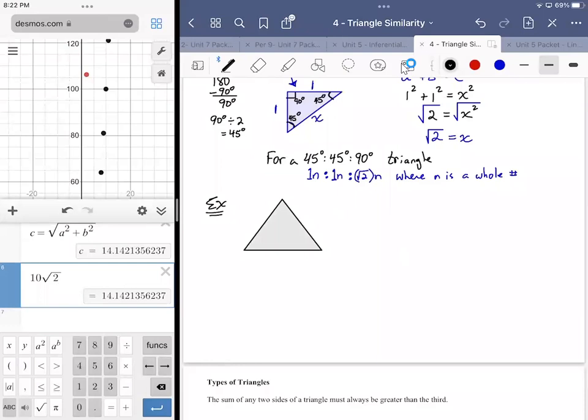All the sides are congruent, so each one of these sides is the same in measure, but so are the angles. Now, if all the angles are congruent and there's 180 degrees in a triangle, that means each one has to be 60 degrees. So we have 60-degree angles here, here, and here.